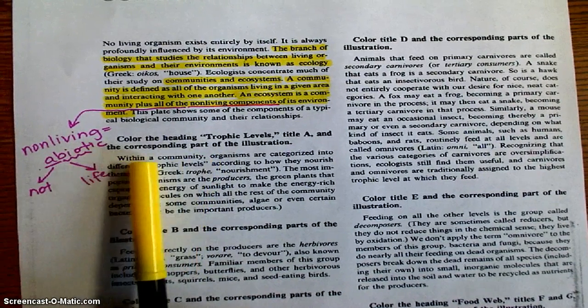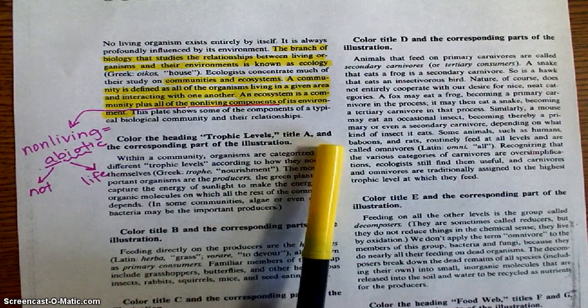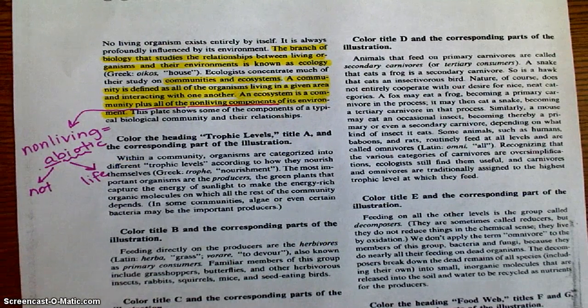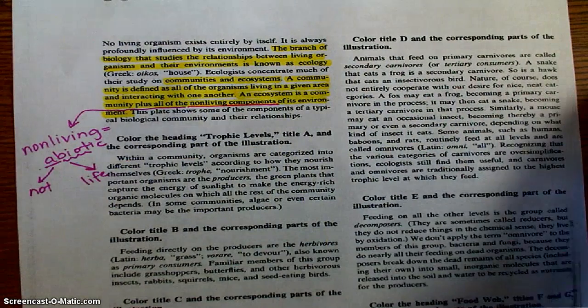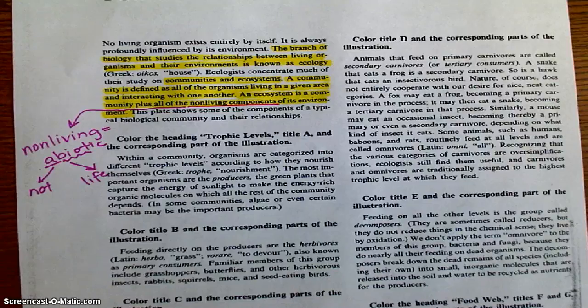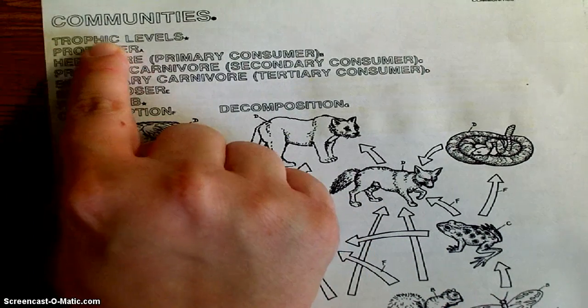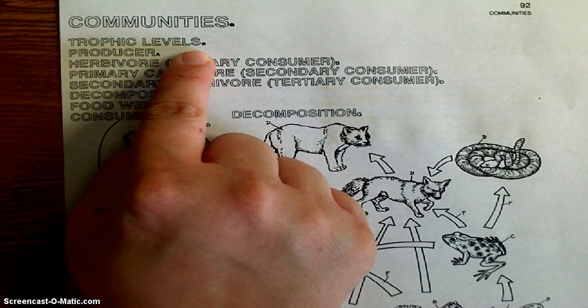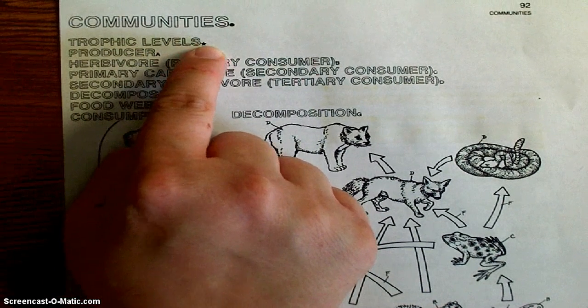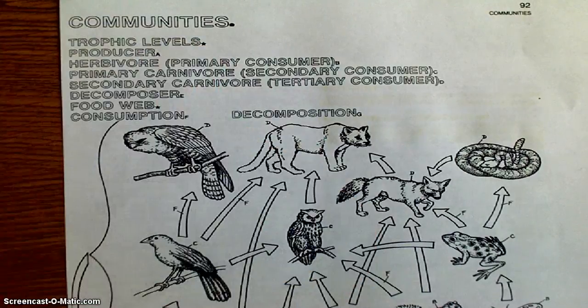So here it says, color the heading Trophic Levels, Title A, and the corresponding part of the illustration. Again, I told you there are two different ways that you can do this, and I'm going to show you both of them. The first one is I'm going to take out my gray colored pencil or my black colored pencil, because if I flip my paper over, I'm going to notice where I see the word trophic levels, and with the last coloring plate we had, anything that had a star next to it, I colored gray.